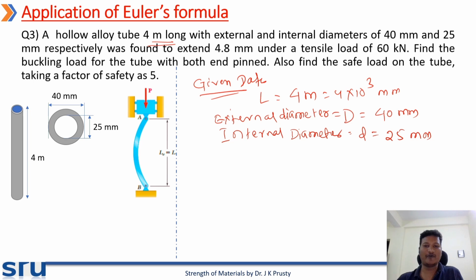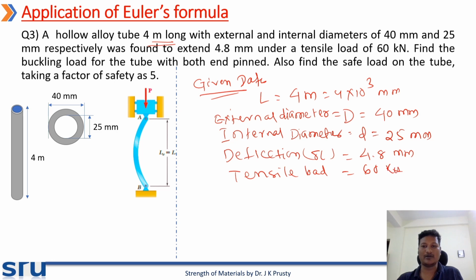Deflection is given. Deflection delta L is 4.8 mm under a tensile load. Tensile load P is given 60 kN.